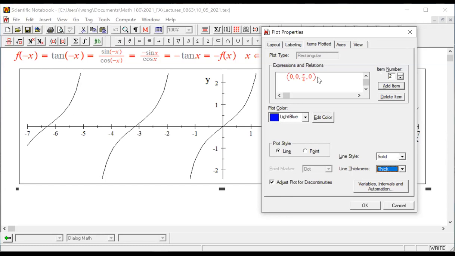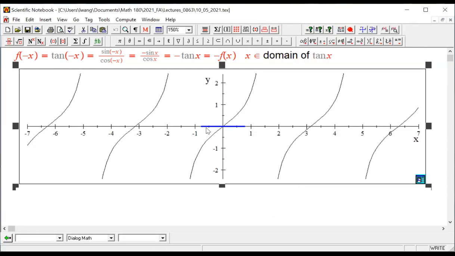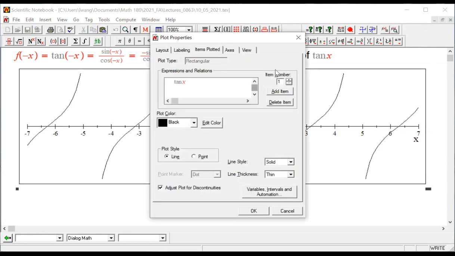Who doesn't have access to the tangent curve, right? It's available on any decent calculator, right? x, negative x, and what's the output? The red, right?